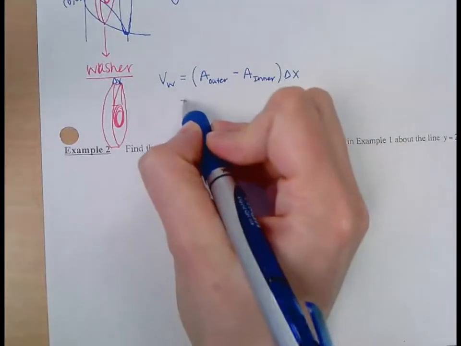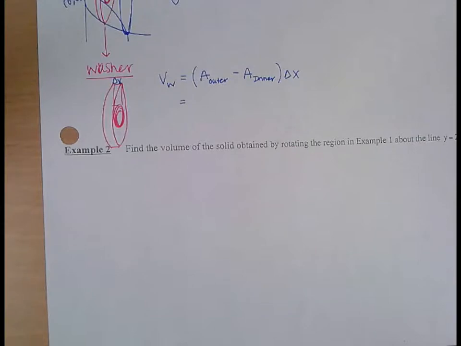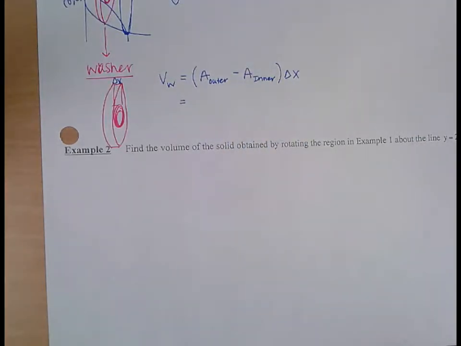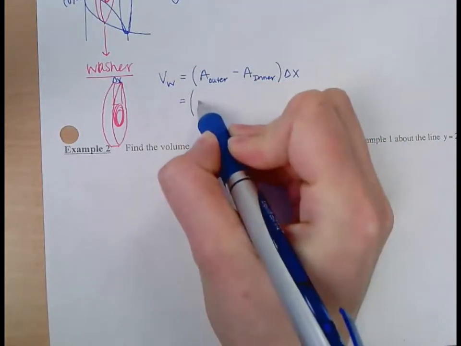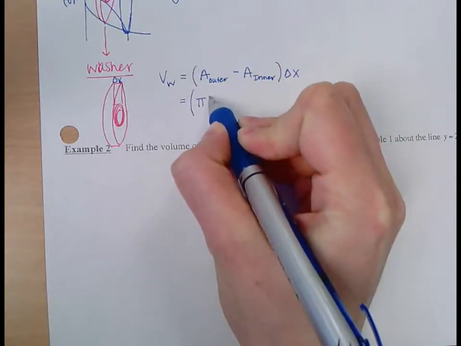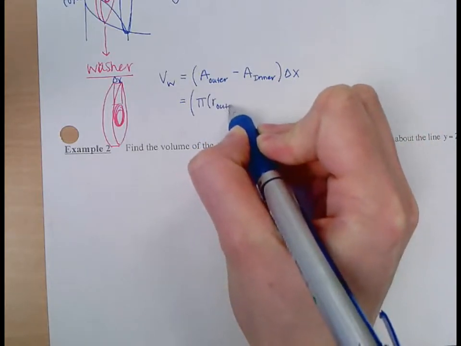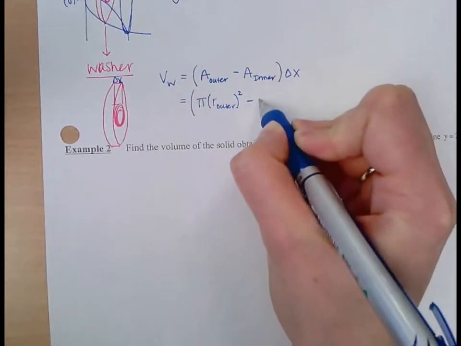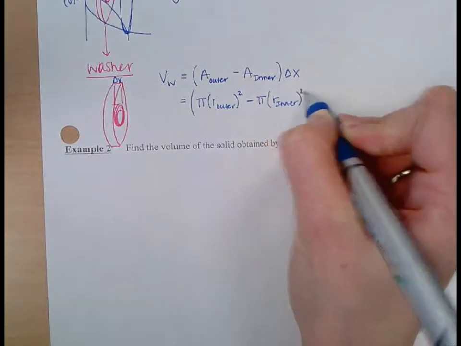Since I have two circles, I have two radii that I have to find. The area of both of these circles is pi r squared, but their radii are different. So the outer circle is pi times r sub outer squared, and then minus the area of the inner circle, pi times r sub inner squared.